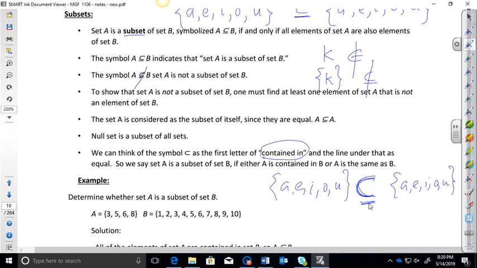So here we have a set. Set A is ABC. And I can write many subsets, right? First of all, I'm going to start with the set itself, which is ABC.